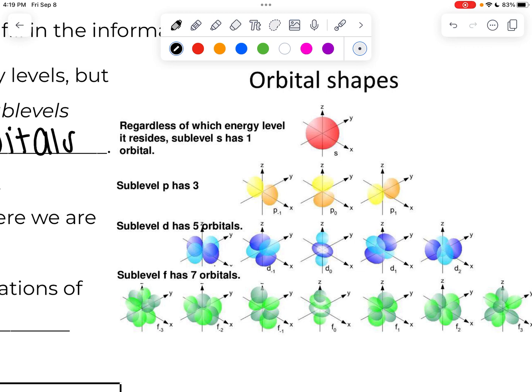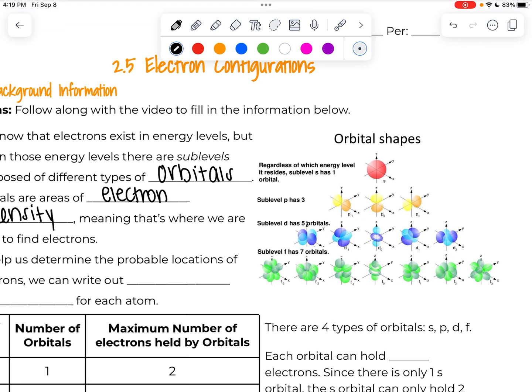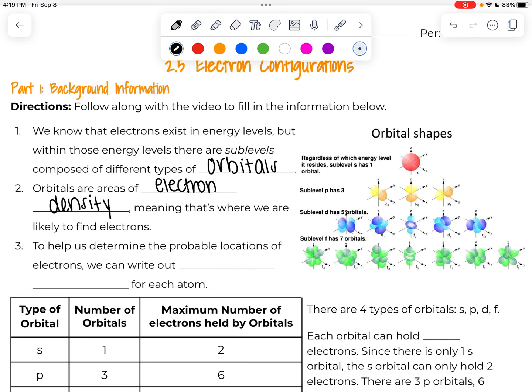These orbitals do exist in 3-dimensional space, which makes sense because we exist in 3-dimensional space. And we can use these orbitals to kind of classify probable locations of electrons. And we do this by writing out electron configurations.